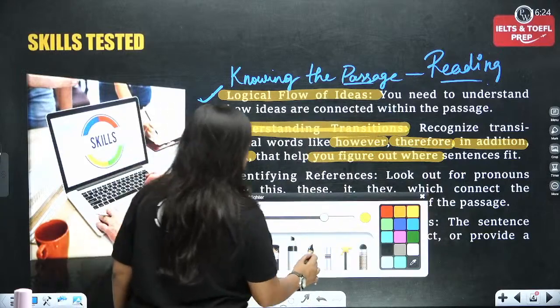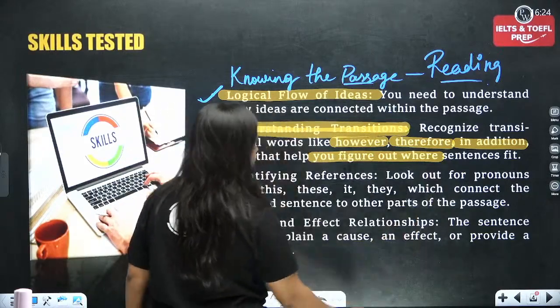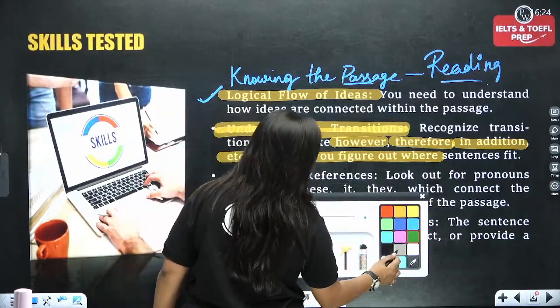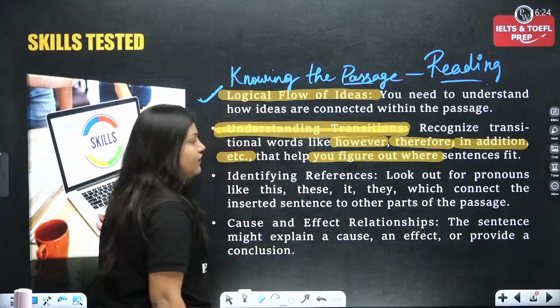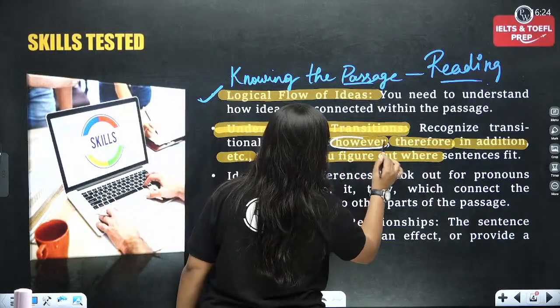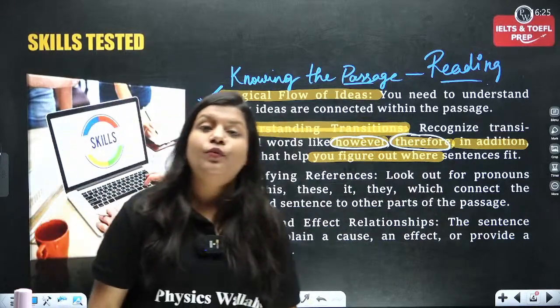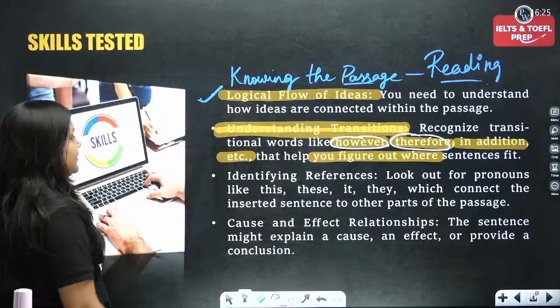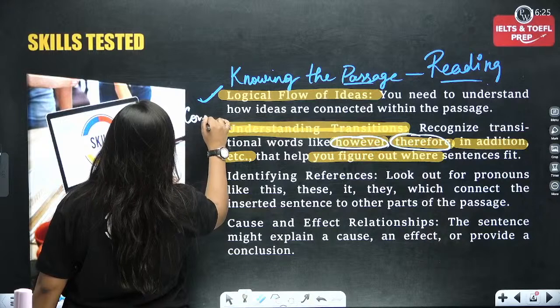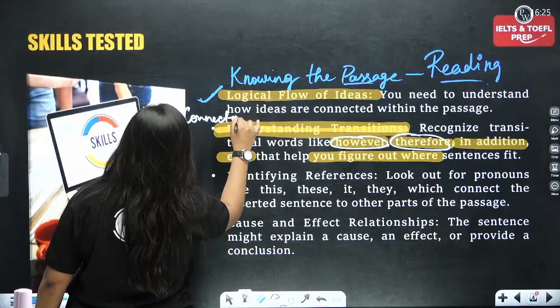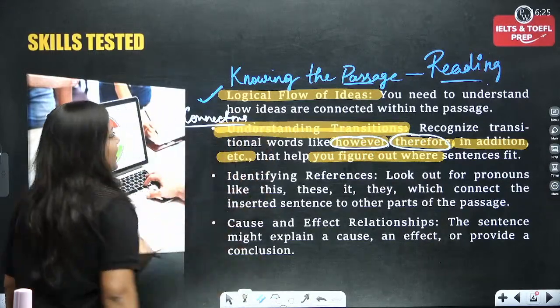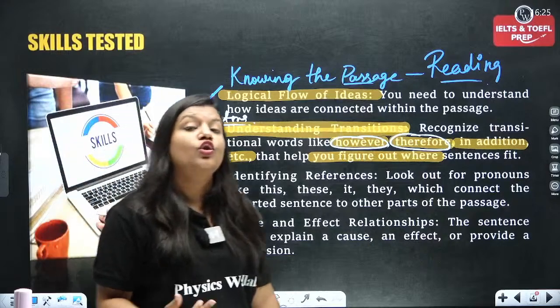Now, in order to cater to these words, you need to be very sure of one thing: whenever you encounter these words, these are transitional words. We also call them connectors, right? When I say connectors, you have to be very sure that every connector has its own role to play.